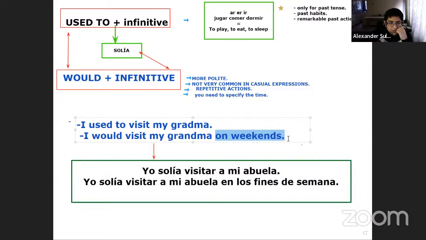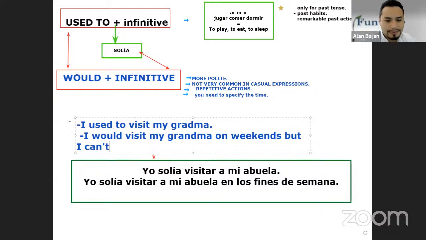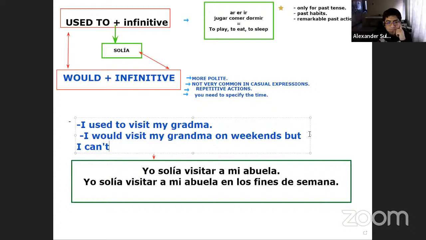Sí iría el ia. I will visit my grandma. Exactly. I will visit my grandma, but I can't. It's the same phrase, but I added but. But I can't.